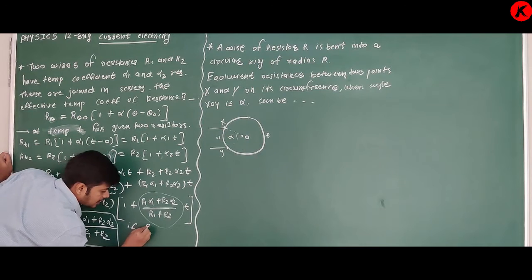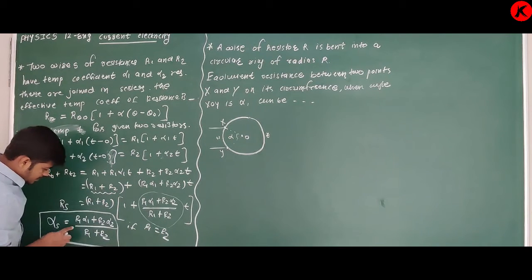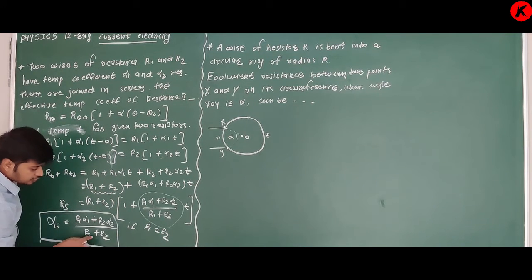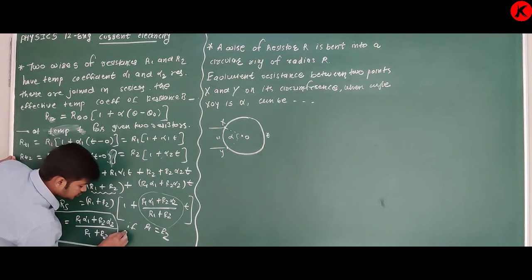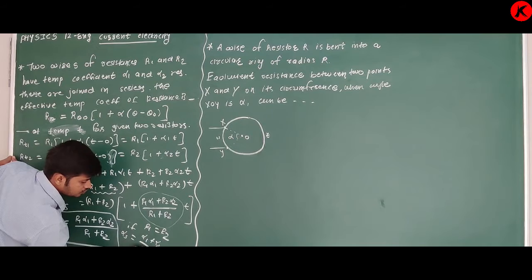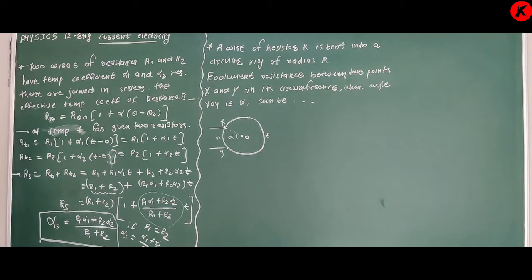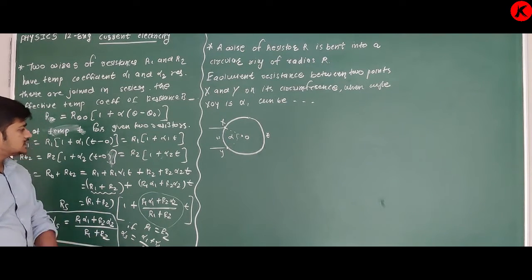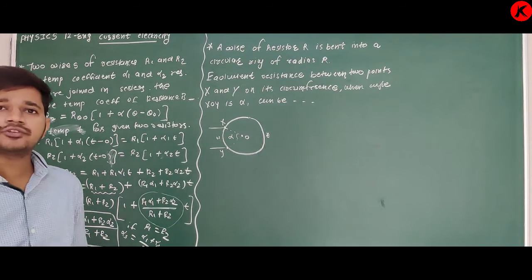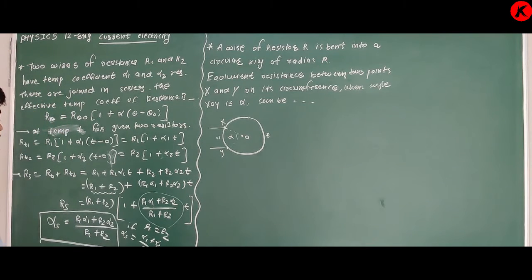If R1 is equal to R2, then the alpha for series connection becomes alpha 1 plus alpha 2 divided by 2. That you have to remember: alpha s is equal to this. Clear about this?